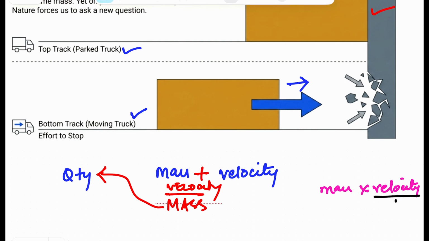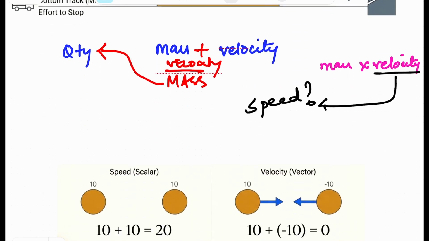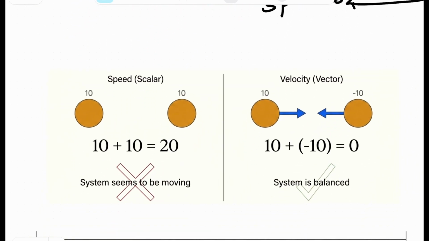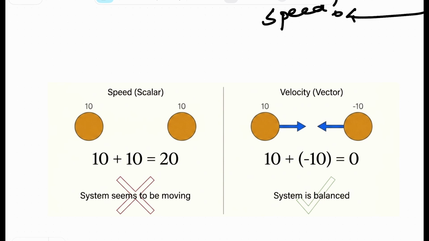But another question arises. Instead of velocity, can it be speed? Let us investigate again. Considering speed, if we describe motion using only speed, then the quantity of motion simply adds together.